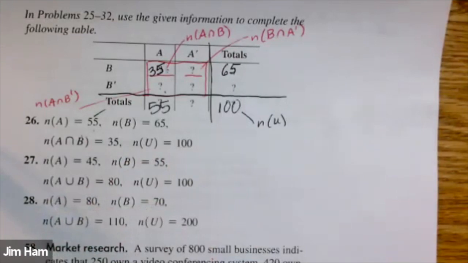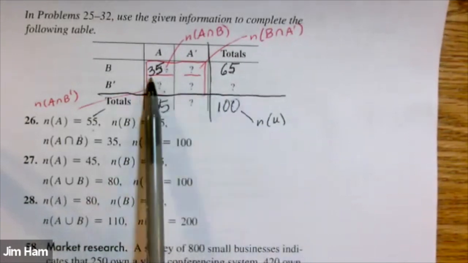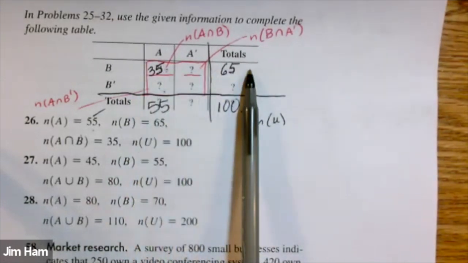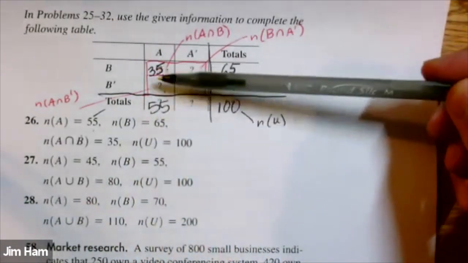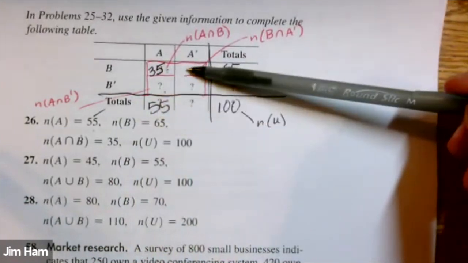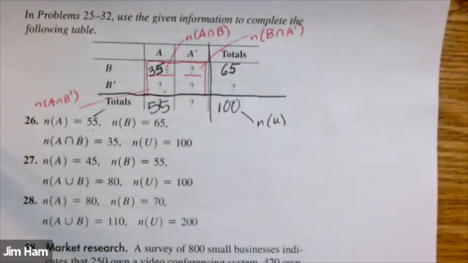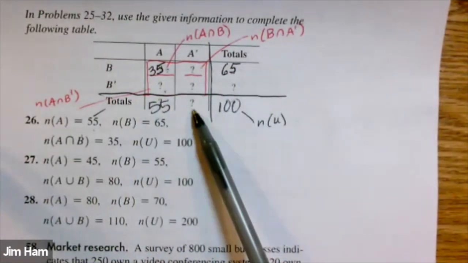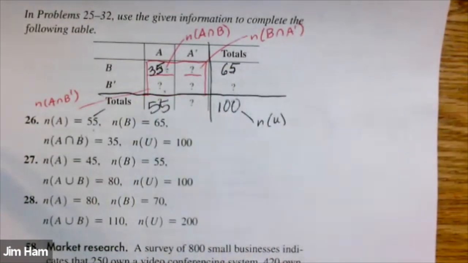Now, these numbers aren't difficult to work with. Just keep in mind that these are row totals. So 35 plus what is 65? 35 plus what is 55? And then once you get these two numbers, you can figure out what these other numbers are. In fact, you could figure out what this one is and what this one is, just by working backwards, using some subtraction.